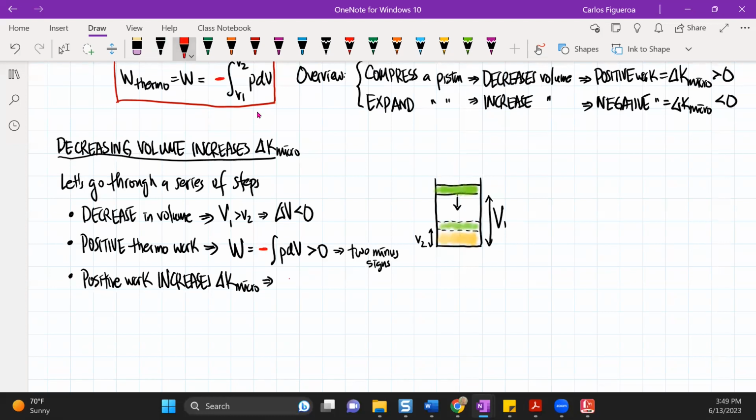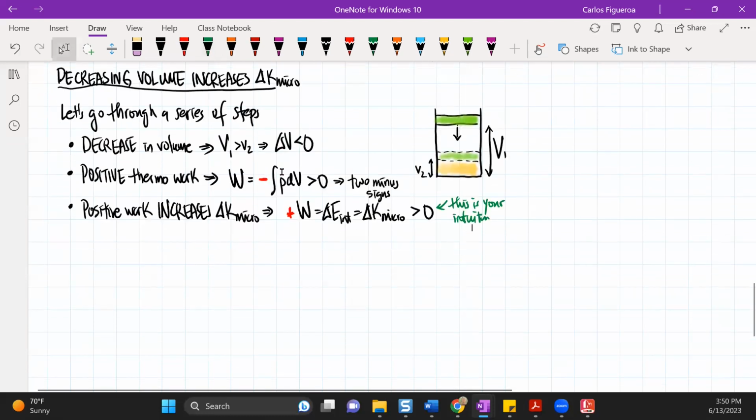As a consequence, according to the work energy theorem, or the first law, that plus sign gives a positive change in internal energy, which therefore means K micro is also going to be positive. This is the intuition, right? This is your intuition, not the other way.